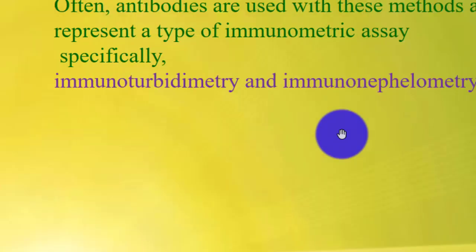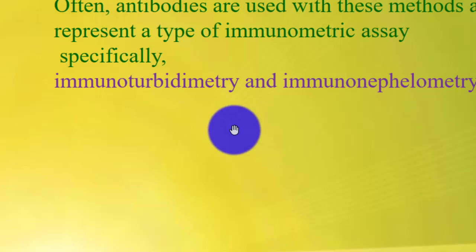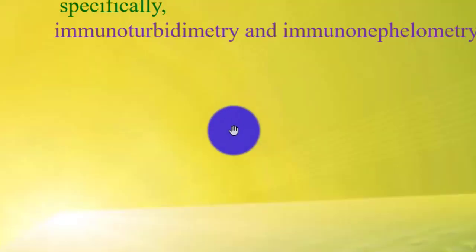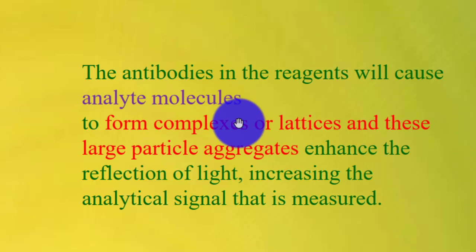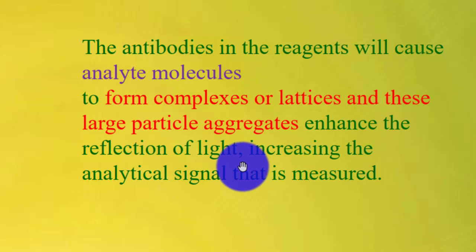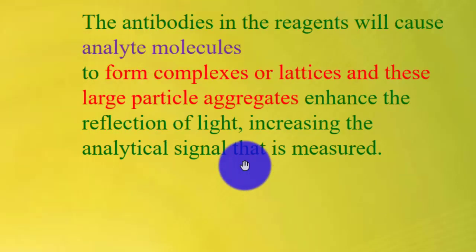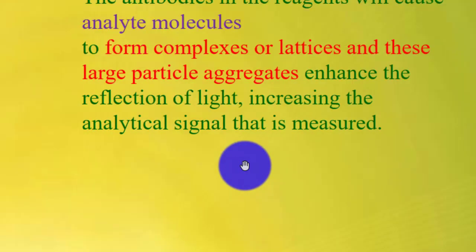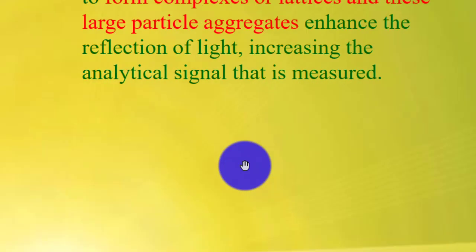Often antibodies are used with these methods and represent a type of immunometric assay, specifically immunoturbidimetry and immunonephelometry. The antibodies in the reagent will cause analyte molecules to form complexes or lattices, and these large particle aggregates enhance the reflection of light, increasing the analytical signal that is measured.